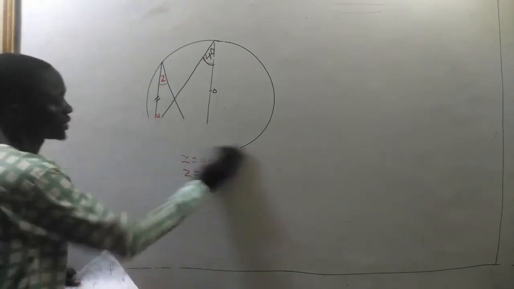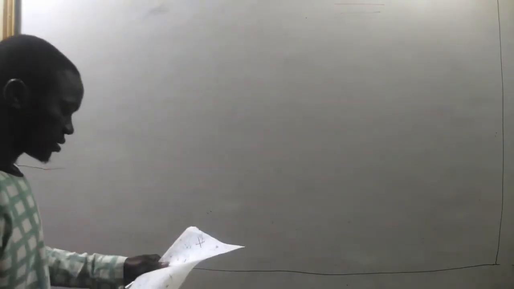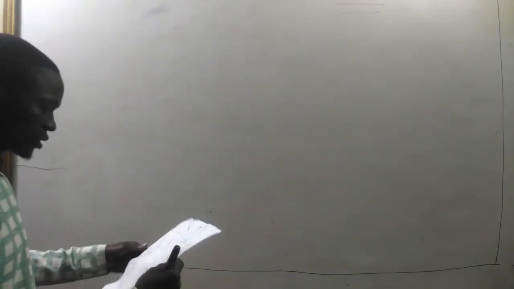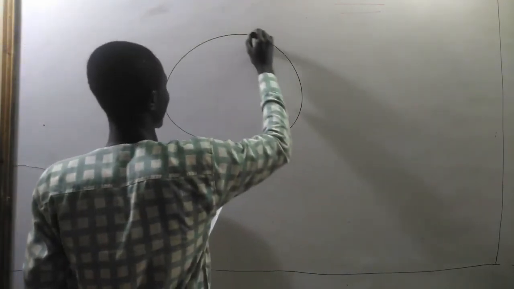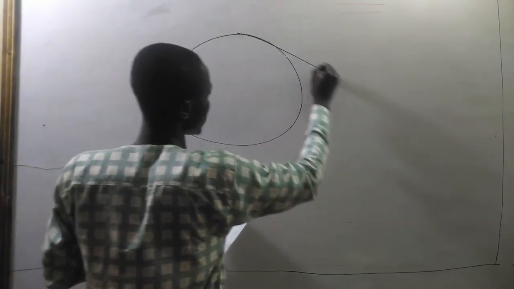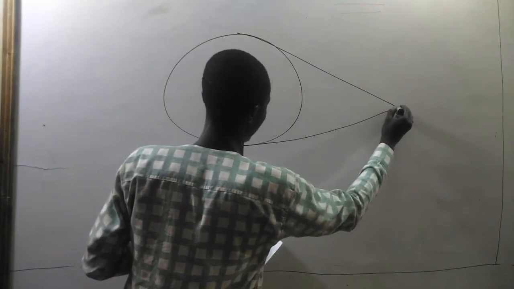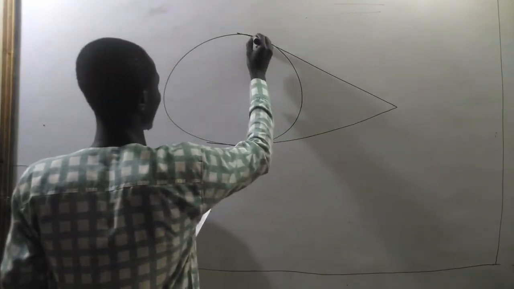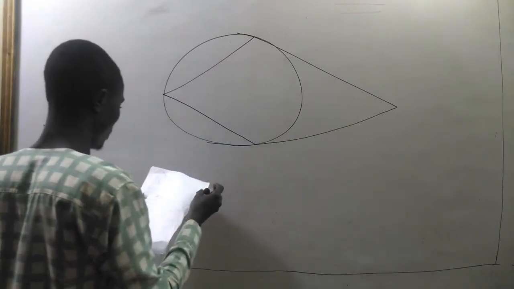Okay, this is the last example. So check it out. Now this last example is this one. We are still on the tangents. This is the diagram. We have a line going this way, and this one meeting it, and then we have this to that.